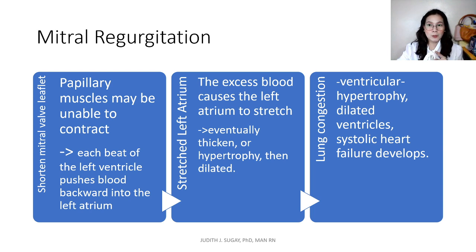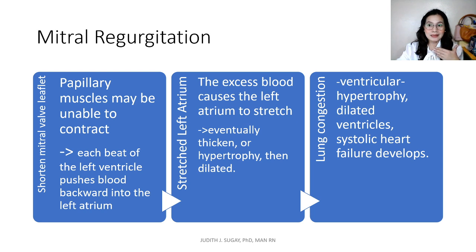In this disorder, each beat of the left ventricle pushes the blood backward into the left atrium. So it will add fluid from the lungs. What will happen to the excess blood? The excess blood causes the left atrium to stretch. If it's stretched, it will eventually get thickened, or there will be hypertrophy.